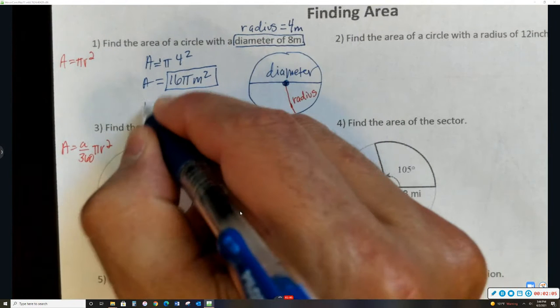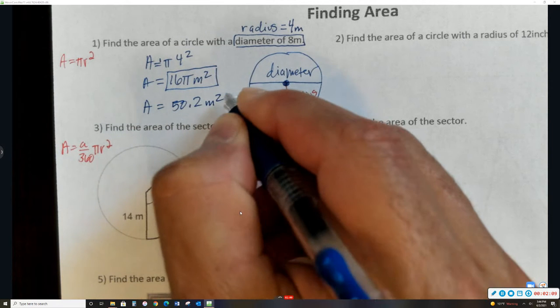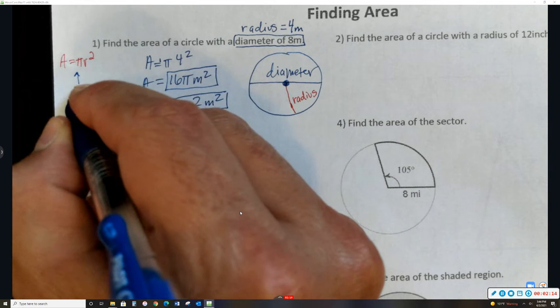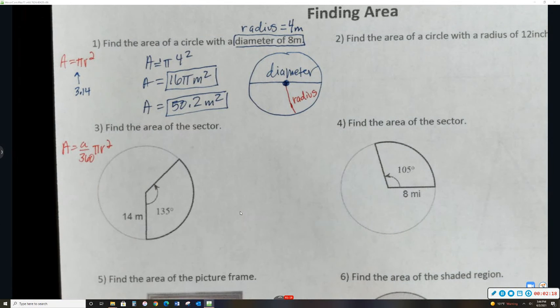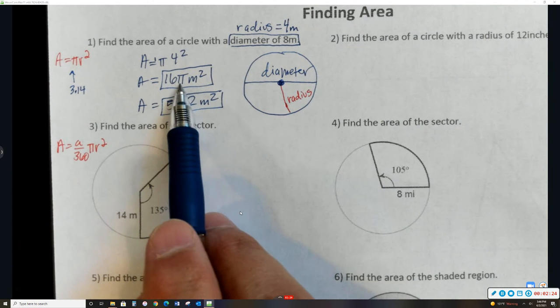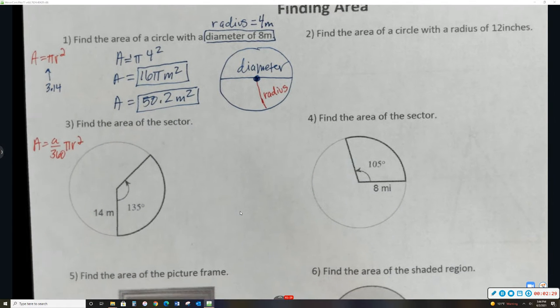Okay, so this would be 50.2 meters squared. So this is another possible answer. And that's when we replace pi with 3.14. So hopefully you remember from the exit slip. Like in the exit slip, the choices had pi in them, so I would have left it like this. But anyway, let's move on to number 2.